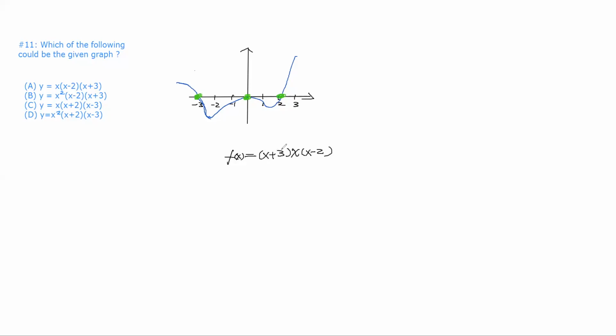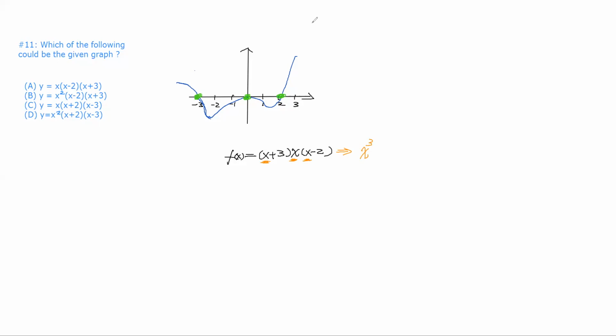Okay, so now let's check. So if you do this, you have x, x, x. So what is your highest power here? X to the cube, right? So if you multiply that out, it's x cubed.